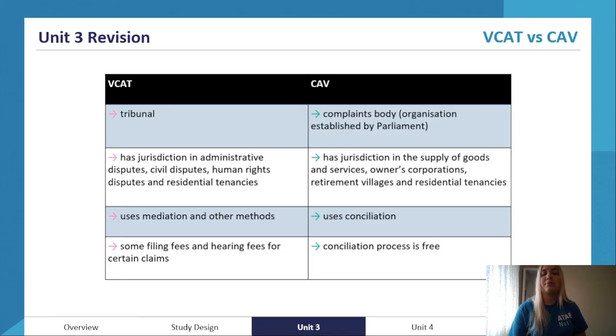VCAT, we said, uses mediation, conciliation, and arbitration. CAV uses only conciliation. VCAT fees are lower than the courts, but they are still kind of significant. CAV is completely free. However, CAV is not legally binding, and VCAT does provide a legally binding decision.